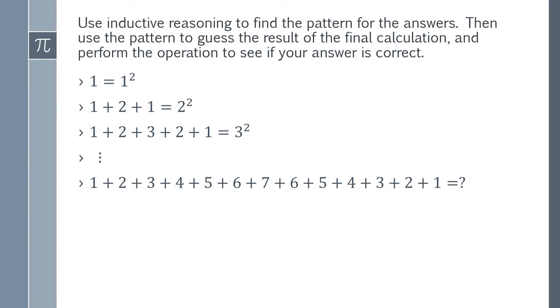So our last example is using, again, inductive reasoning to find the pattern for the answers, then use the pattern to guess the result of the final calculation and perform the operation to see if your answer is correct. So you must have the given. Of course, you will have the given in your module.